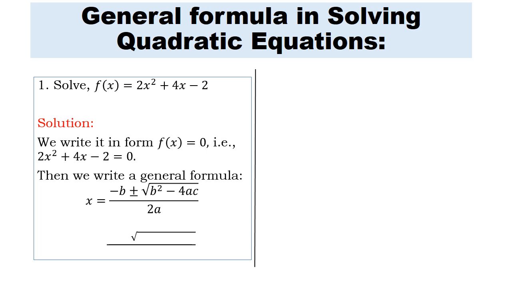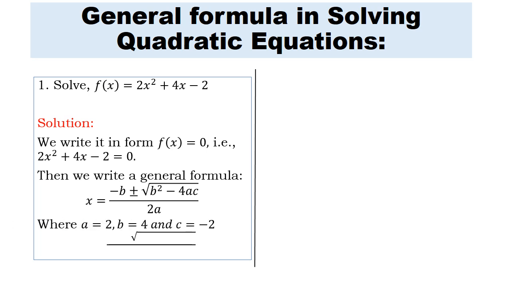You can see our equation consists of the numbers 2, 4, and -2. This is nothing but the coefficients of this equation, which are a is equal to 2, b is equal to 4, and the -2 stands for c.